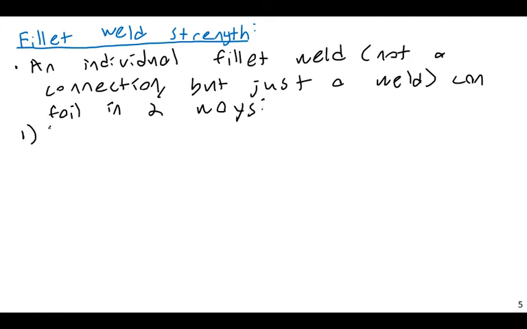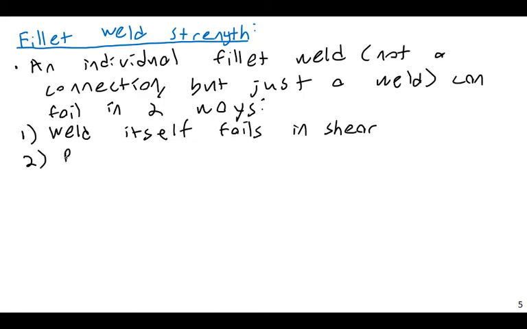One, the weld itself can fail in shear, or at least that's what we'll be talking about here today. Or two, the base metal fails in shear.